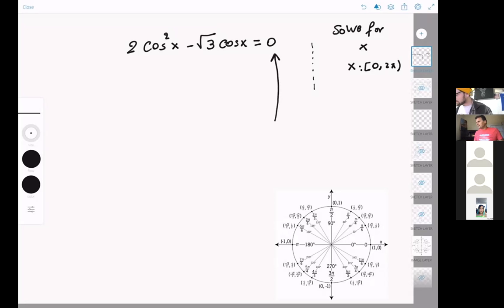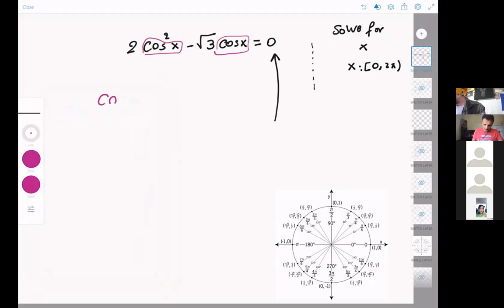Yvette, what can I factor here? The cosines. Very good. So we can take the cosine. Both of them are sharing cosine.